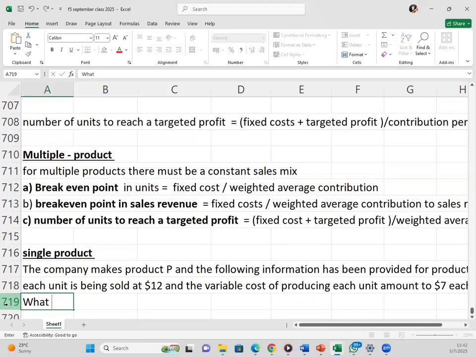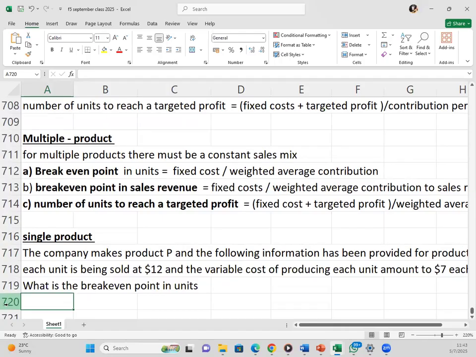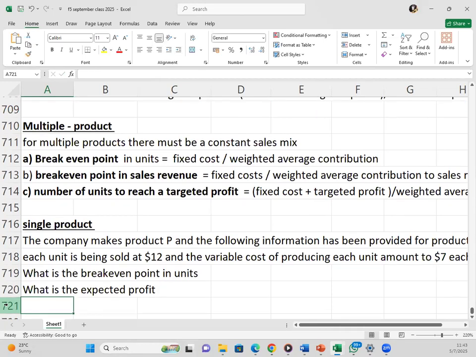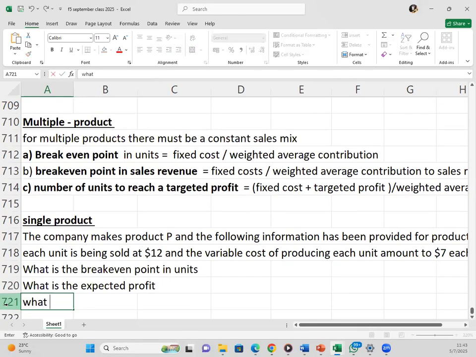What is the break-even point in units? What is the expected profit? Then next, what is the margin of safety as a percentage?